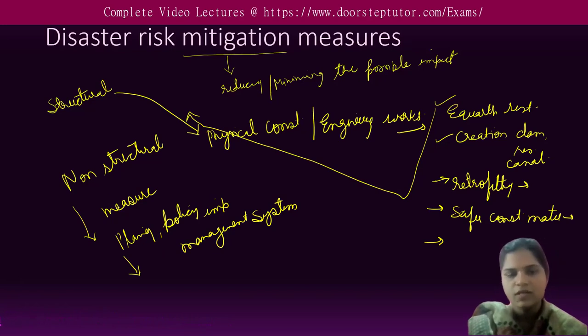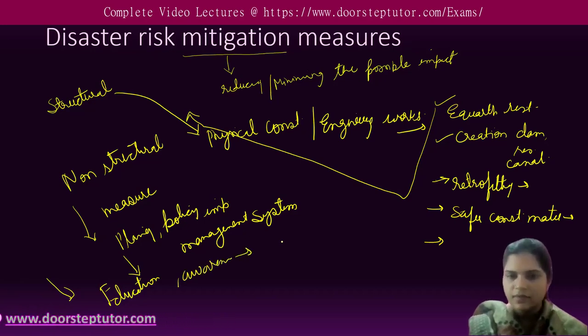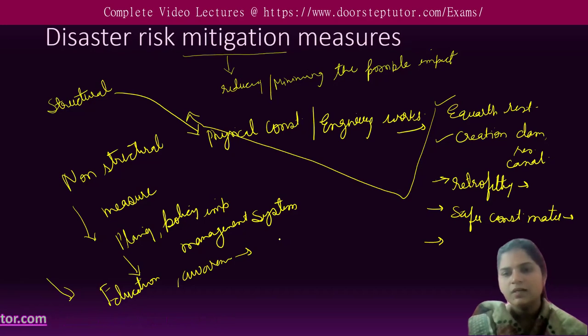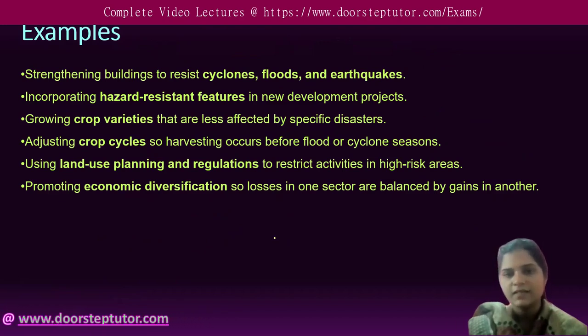In non-structural measures, both government and non-government organizations, local people, and local communities are also working. Certain measures can be listed, such as education and awareness programs among different social groups, for school children, on which steps they can take.